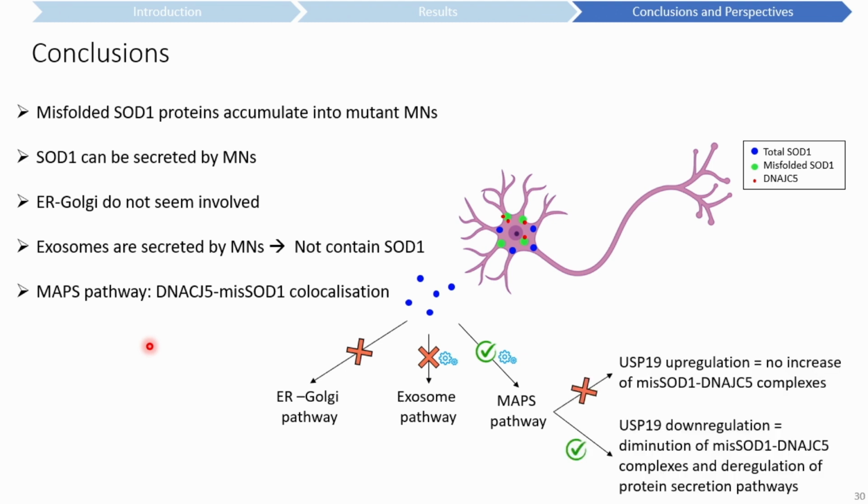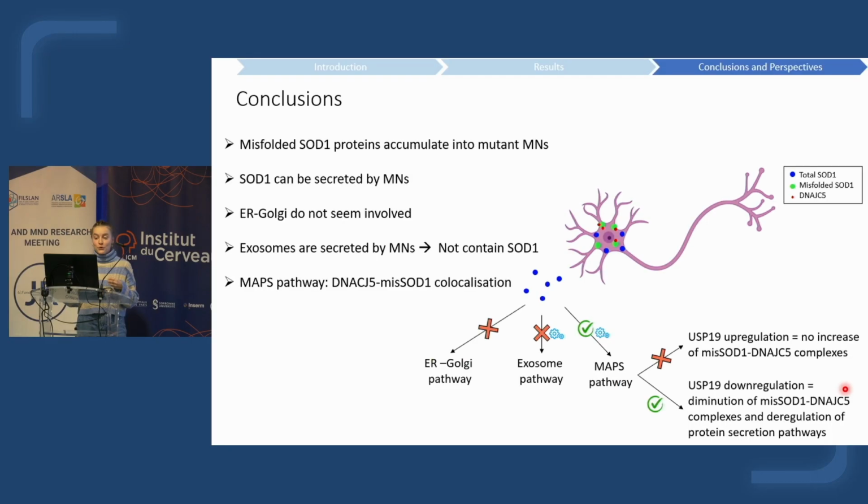I also did not have time to show you that USP19 upregulation did not increase the number of colocalizations. However, a good part of USP19 downregulation is that we diminish the number of complexes between DNHC5 and misfolded SOD1. That might lead to less SOD1 secretion and maybe diminish ALS progression.